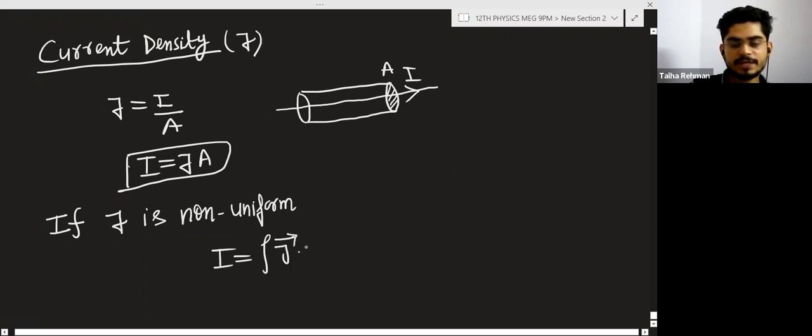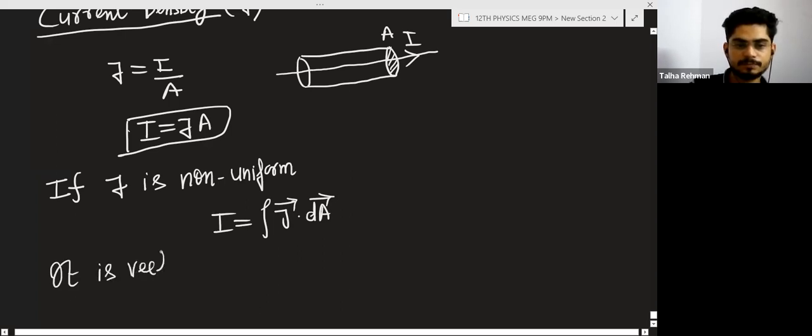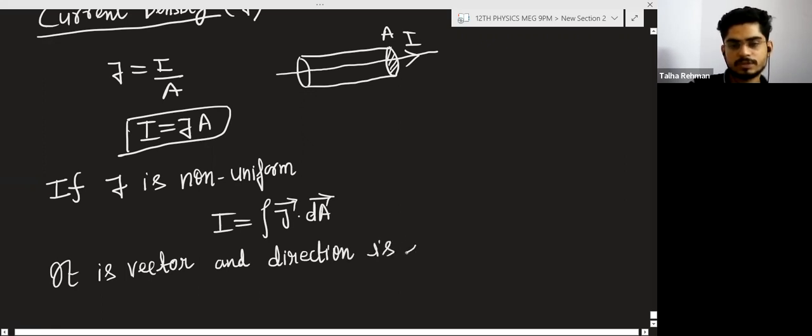One thing more: current density is a vector quantity, and its direction is the same as that of current.